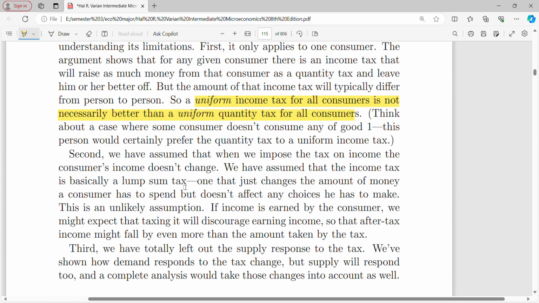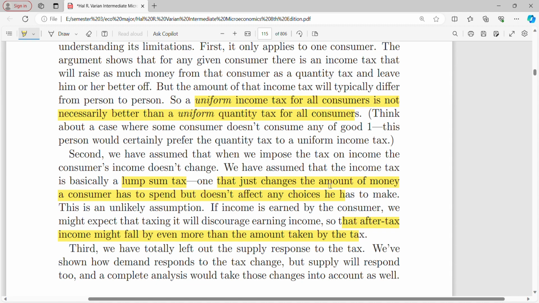Next is, we know that income tax is a lump sum tax, right? It changes the amount of money a consumer has to spend, but doesn't affect any choices he has to make. That means after tax income will fall because of this lump sum tax.